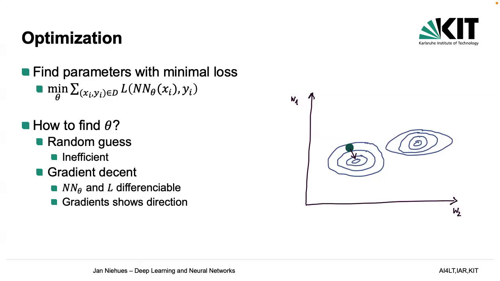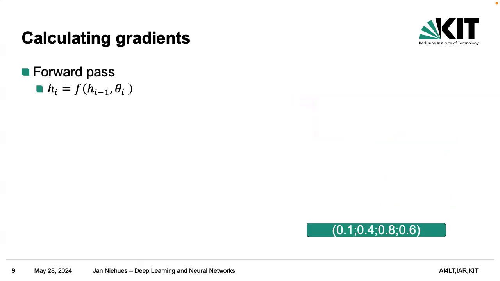So how do we do that? The first thing we're doing is we have to calculate our forward pass. So we take our randomly initialized model, we take some example here, and then based on our function we can calculate all the hidden values.